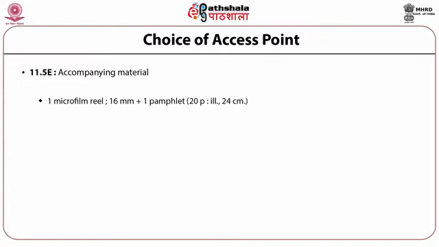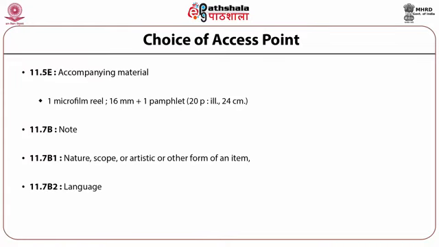Then 11.7B1, this is the note section, first the language. Suppose it is in German language, you write German. Suppose it is translated to Hindi, so you write German, comma, with Hindi translation. So other notes are the same as in the other chapters 8, 7, 6. There is no such difference.